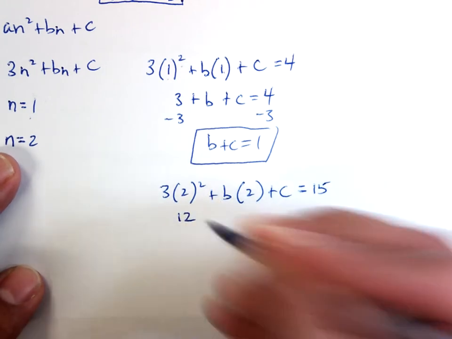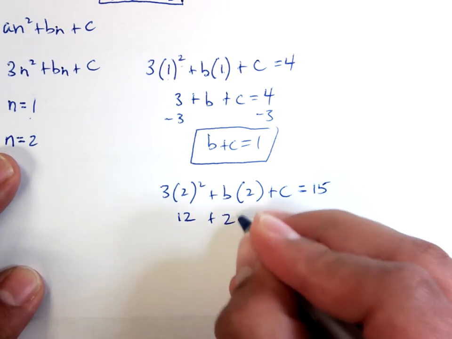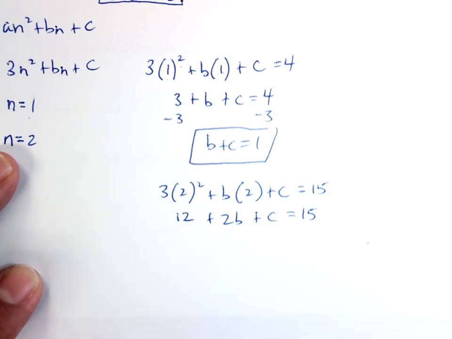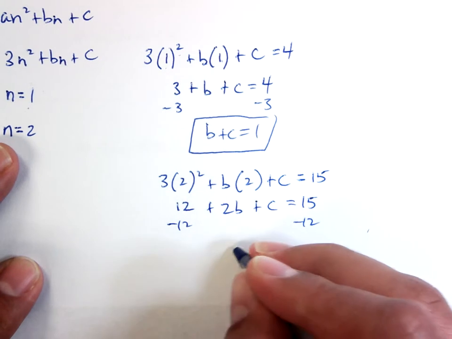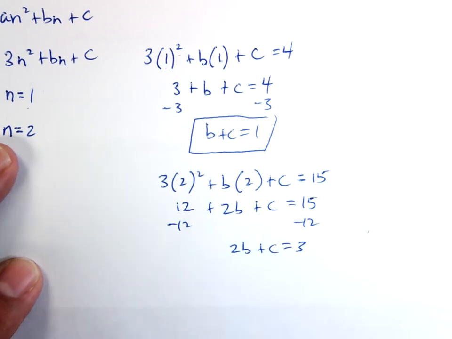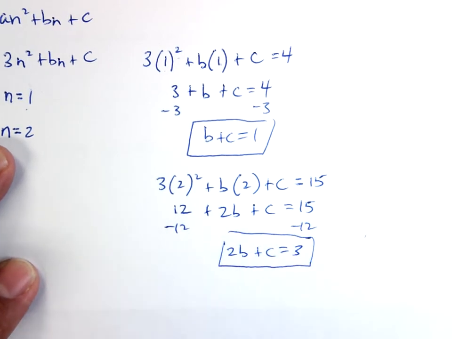So I have 12 plus b times 2, I'm just going to put that as 2b, plus c equals 15. I'm going to subtract 12 from both sides, and I get 2b plus c is equal to 3. So there's my second little equation.